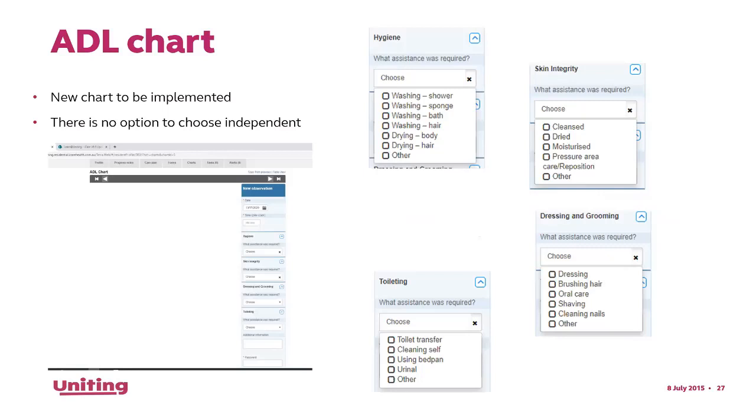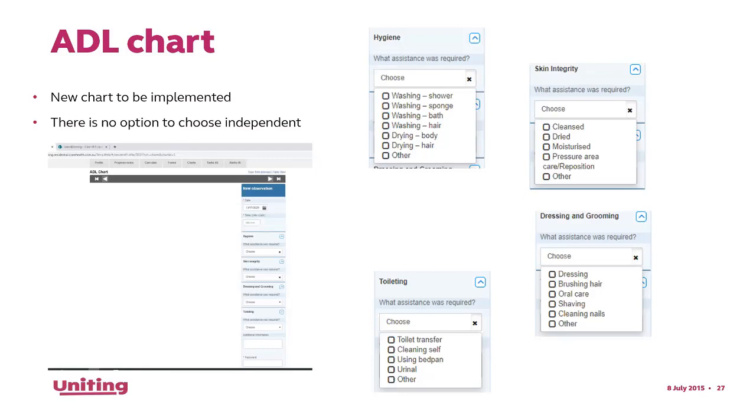We now have an activities of daily living chart. These have been in the iCare system for a while. However, Uniting chose not to activate the ADL chart because there was a choice to choose that the person was independent, which obviously was a high risk.